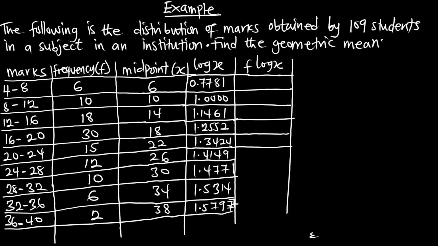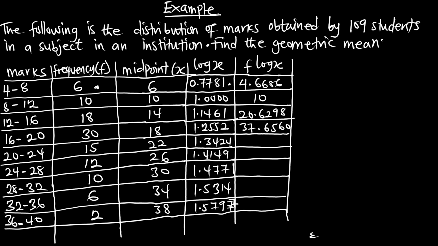Once you know what to do, and once you get your table, the rest is history. It becomes so easy. So now the frequency 6 by 0.7781, that is going to give us 4.6686. We are going to get 10 by 1, which is 10. We are going to get here 20.6298, 37.6560.